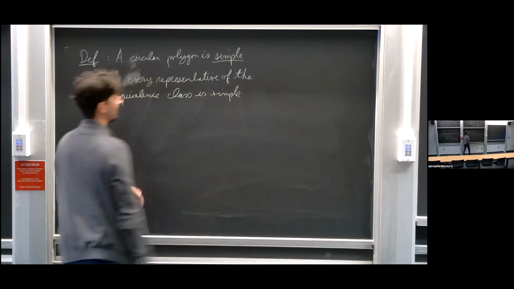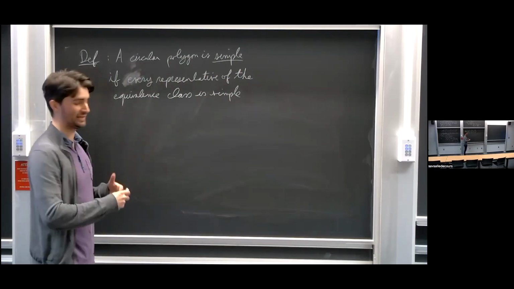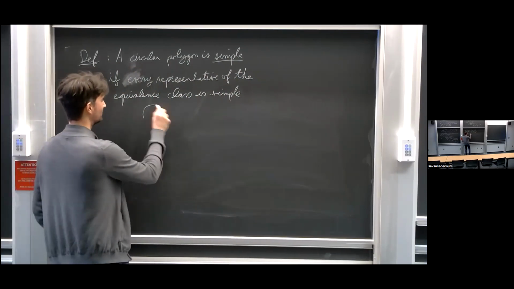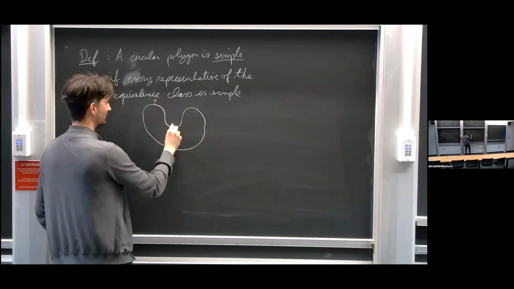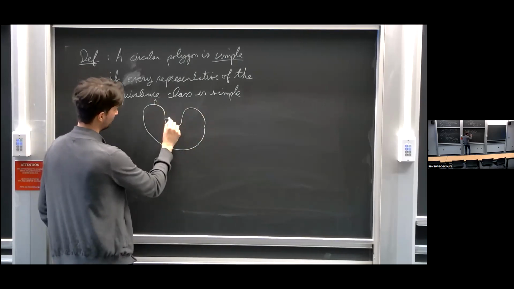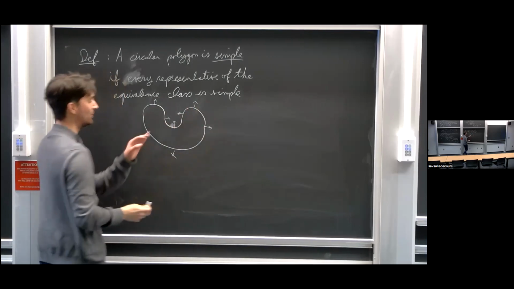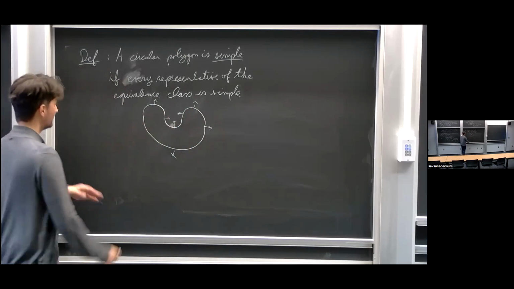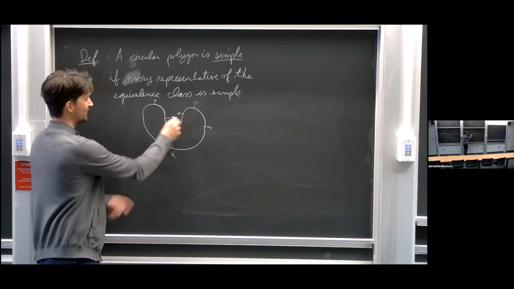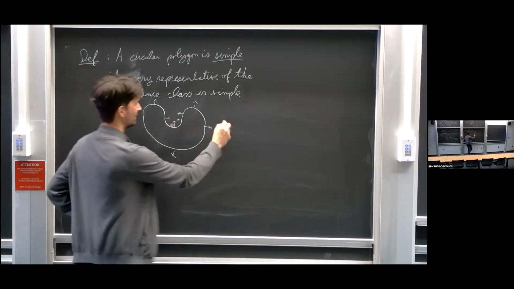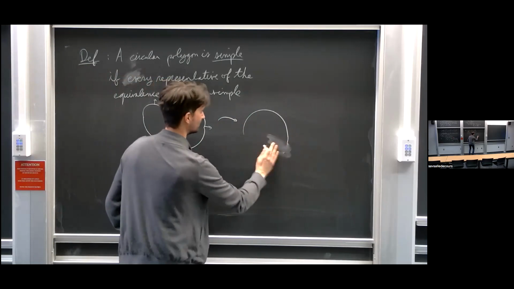It's pretty easy to find examples where it might be simple in one drawing, depending on how you draw it, maybe like this. This one is smooth, so it is simple if you draw it like this. But then if you apply some of these equidistant transformations, eventually this circle will shrink, and this will turn into something like this.